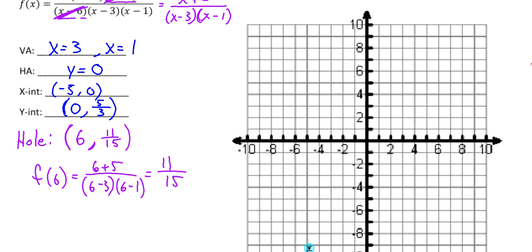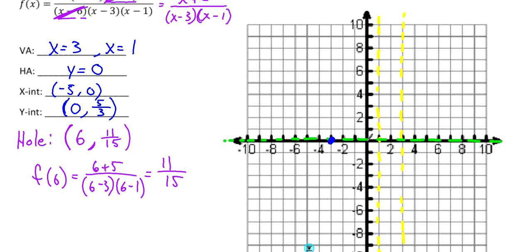So now we're going to graph all of our information, just like before. So we have a vertical here at 3, another vertical at 1. Our horizontal is at 0. Our x-intercept at negative 5 right here.